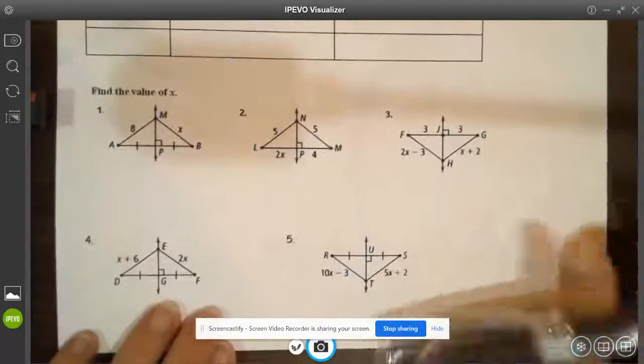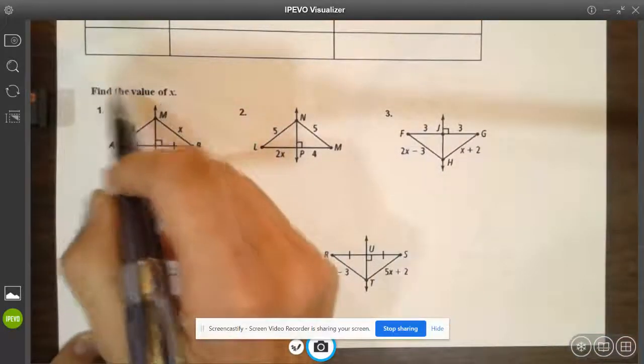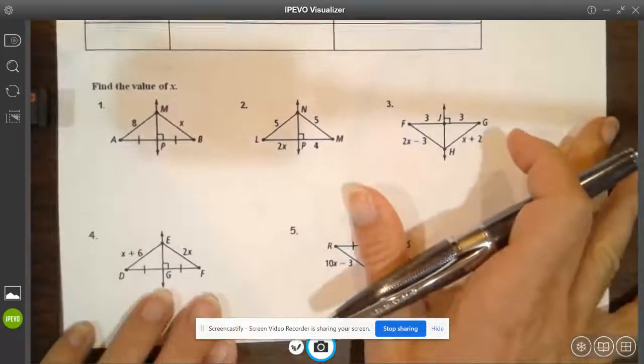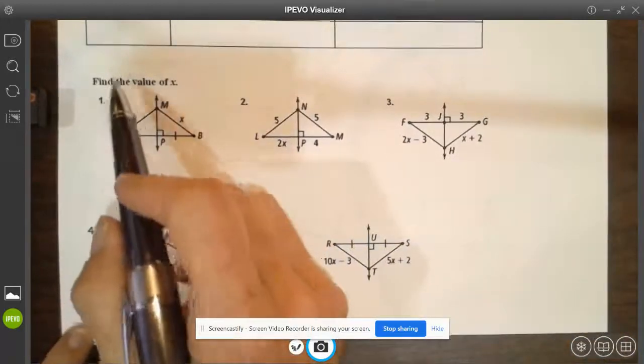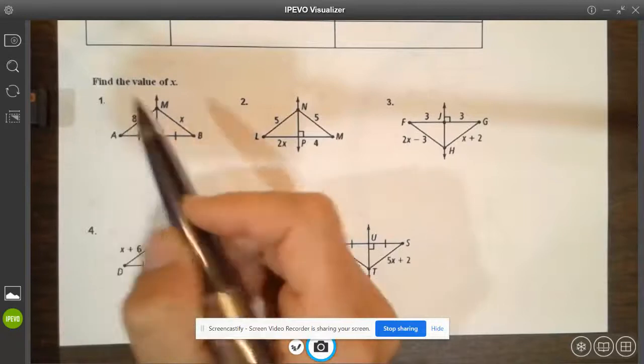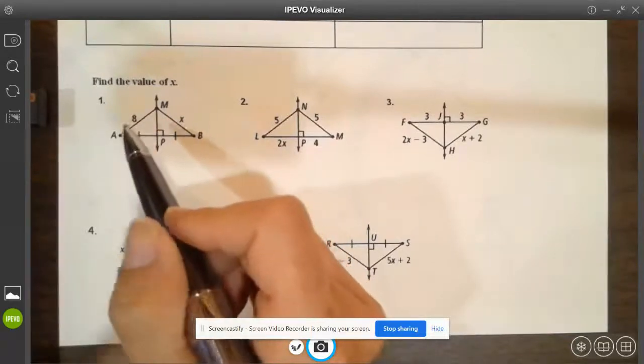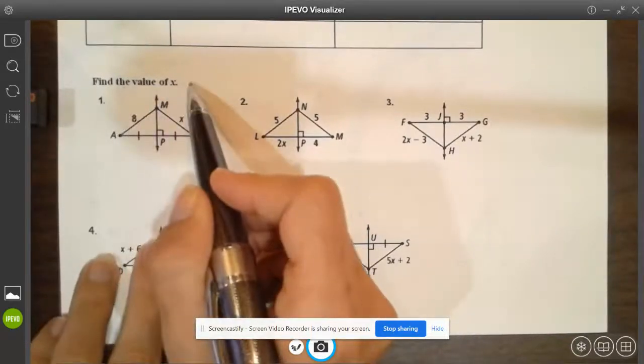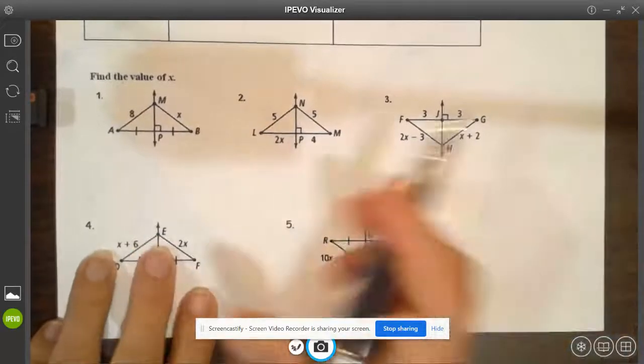So right here, you always have to read the question. Don't forget to do that, because they might ask you to find x or to find the measurement of something. In this case, they want just x, so find x.